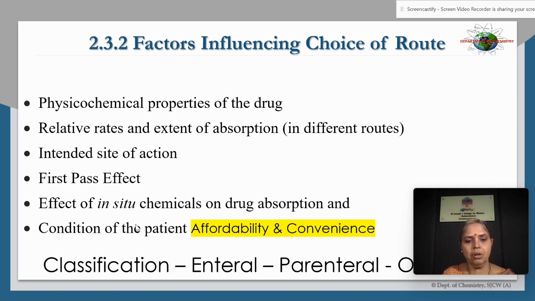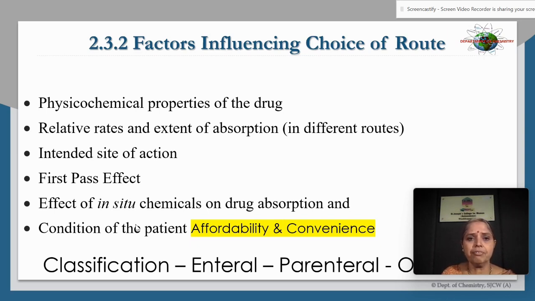Then effect of in situ chemicals on drug absorption. In situ chemicals refer to existing chemicals. See, we are introducing the drug into the body. Suppose if it is swallowed, the entire digestive tract, right from mouth to intestine, we know intestine is the place where drug absorption occurs, but before the drug reaches the intestine itself, it will have to come face to face with several chemicals that are there in the digestive tract.